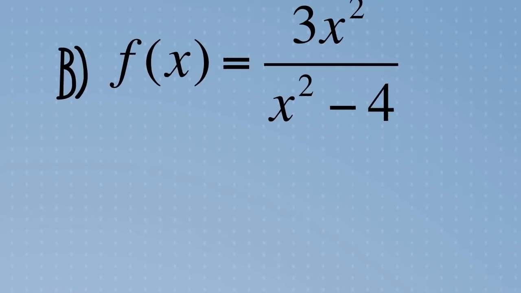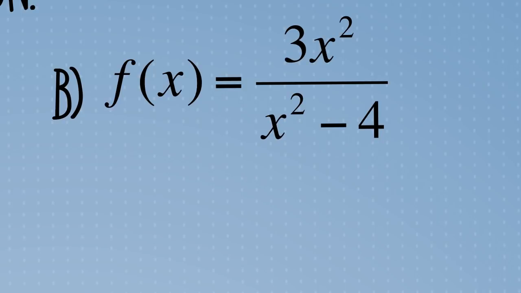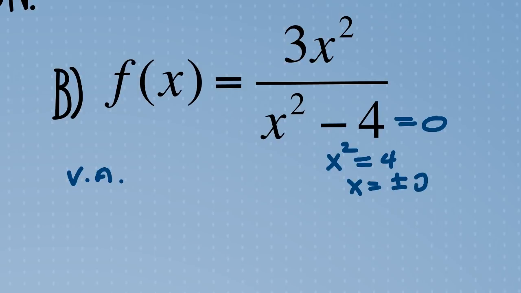I go to B. Start the same way. Vertical asymptotes come from setting my denominator equal to 0. This time I'd get x squared equals 4, and x equals plus and minus the square root of 4, which is 2. So I have 2 vertical asymptotes, x equals negative 2 and x equals positive 2.